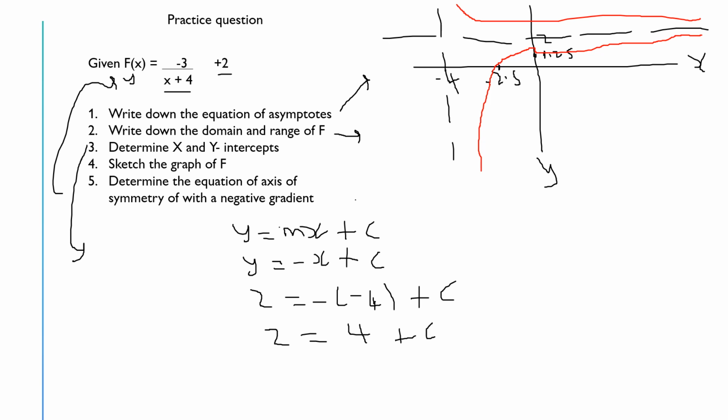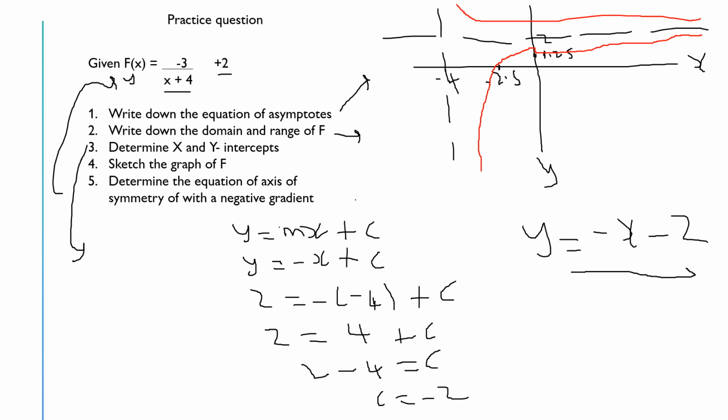On the other side, it will be 2 minus 4 equals c, meaning c is -2. So my equation will be y = -x - 2, as I was saying. That would be our lovely equation for 3 max.